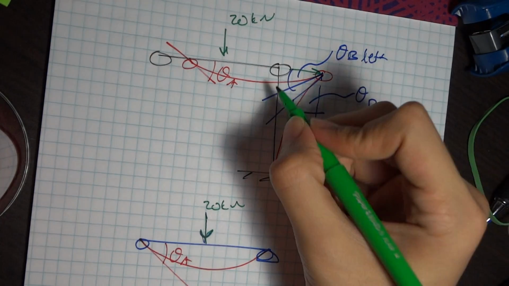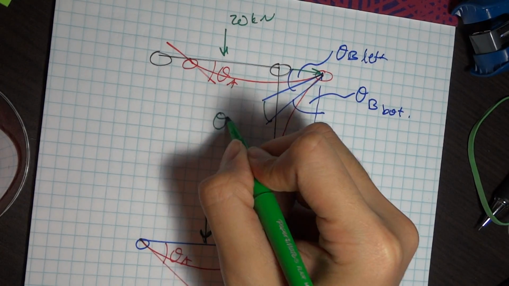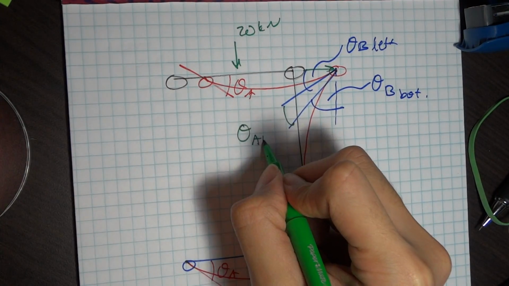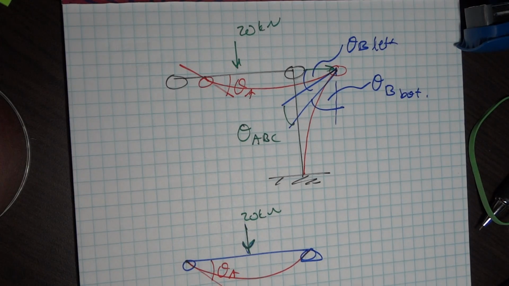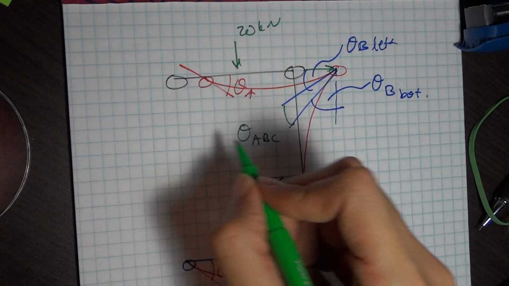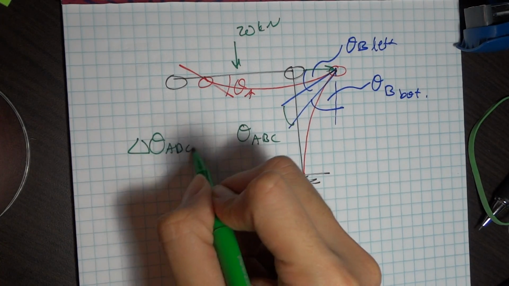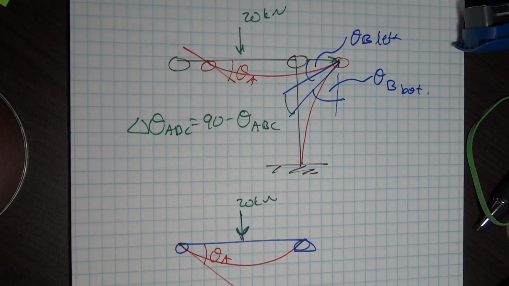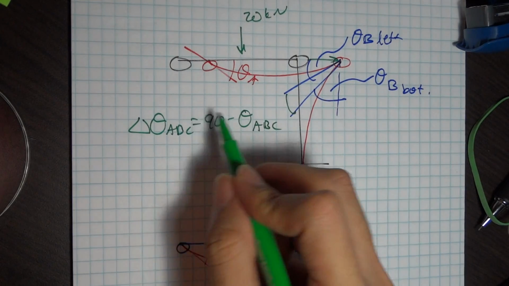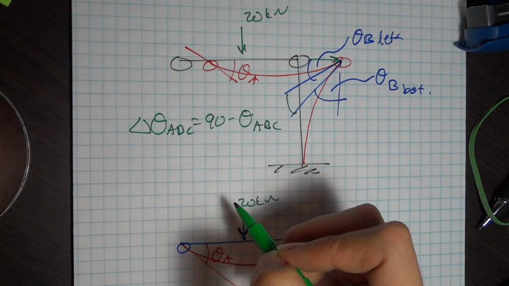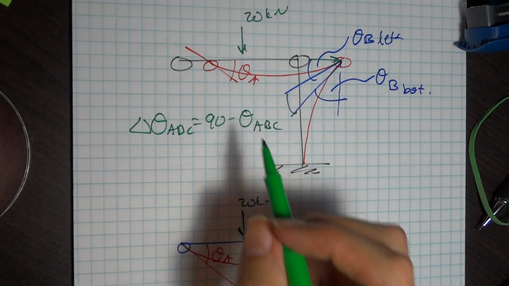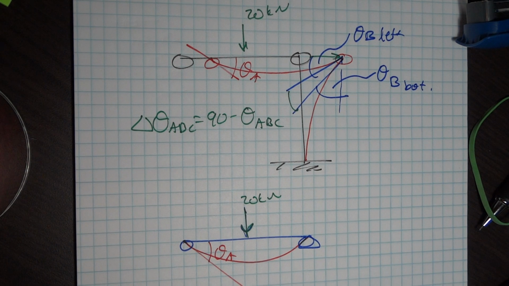And this theta ABC is the final theta ABC. So originally the delta theta ABC equals 90 minus that angle, or whatever. If you use radians, it's going to be pi on 2 minus this angle. Whatever angle you get there, just put the right units in there.